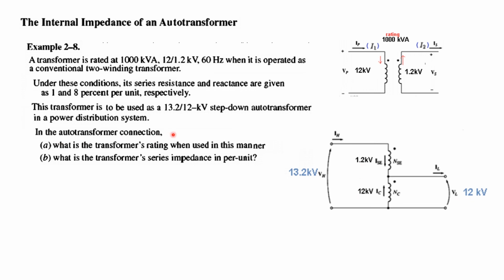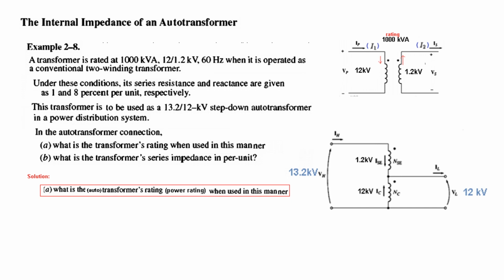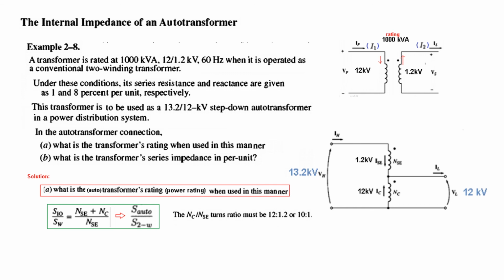In the autotransformer connection, what are the transformer ratings when used in this manner? That means we want to find S auto, and then what is the transformer series impedance per unit. S auto we have found already, and we'll follow the same technique. So we'll straight away go to this formula and plug in the ratio.